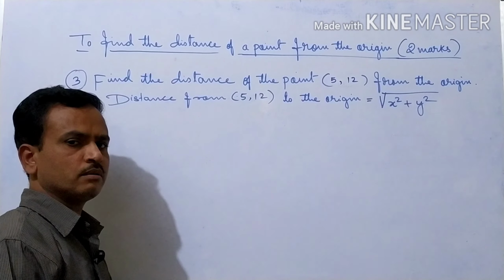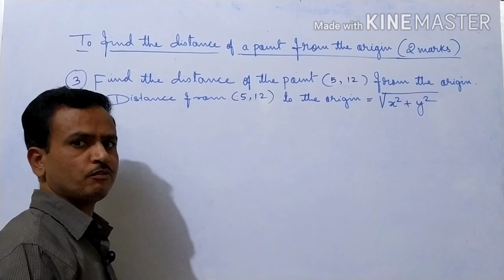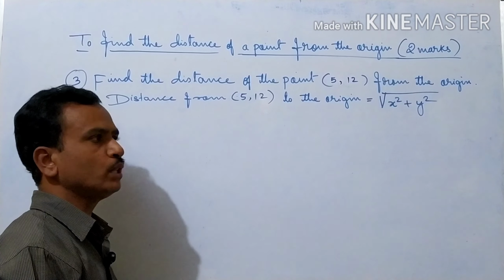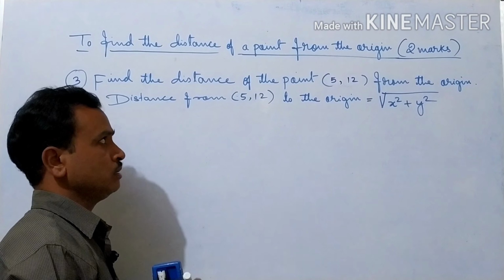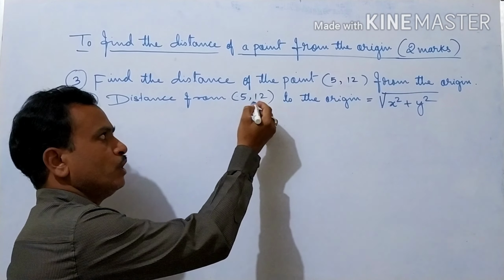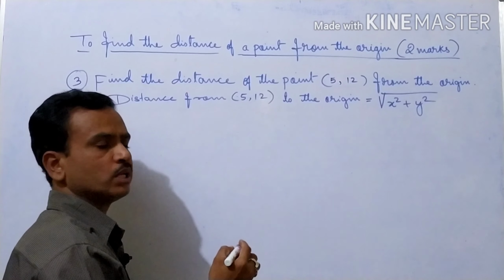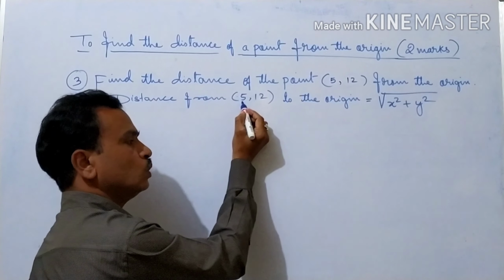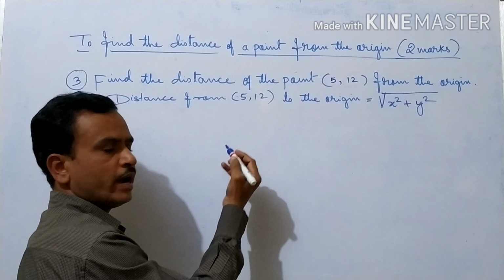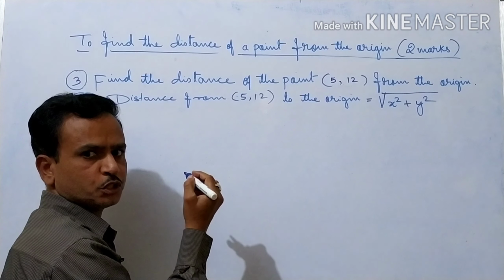Question number 3. Find the distance of the point (5, 12) from the origin. Same, distance from (5, 12) to the origin: square root of x square plus y square. Here x is equal to 5 and y is equal to 12.